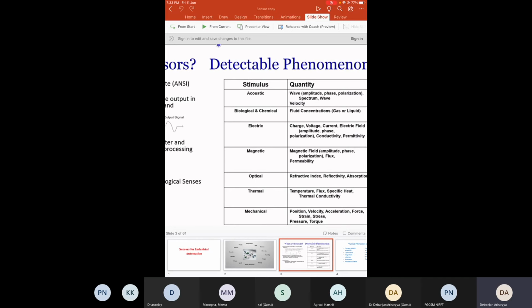Similarly, there are electric, magnetic, optical, thermal, and mechanical sensors. These are the quantities you have to measure to measure the different stimuli.